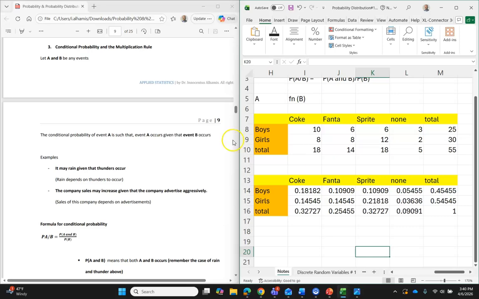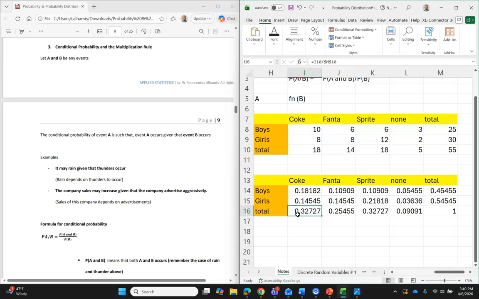And so we can say there is 0.18182 chance that a boy will drink Coke. There is also 0.14545 chance that if a girl walks in, they will buy Coke. And the total probability will be that one.